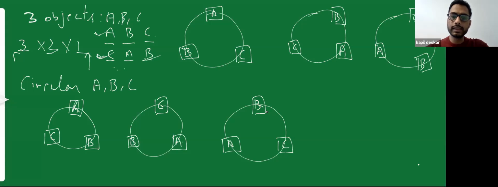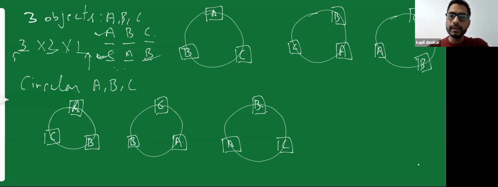However, when we see the case of circular permutations, there is no first point or last point. It is a circular ring. Therefore, I'm going to check my relative positions. What do relative positions mean? It means my position with relation to my adjacents, so it can be my left hand side and my right hand side.